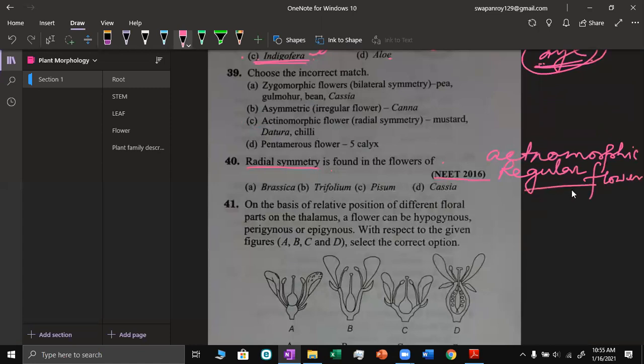Among the options, Trifolium belongs to Fabaceae, Pisum is Fabaceae, and Cassia is also Leguminosae.